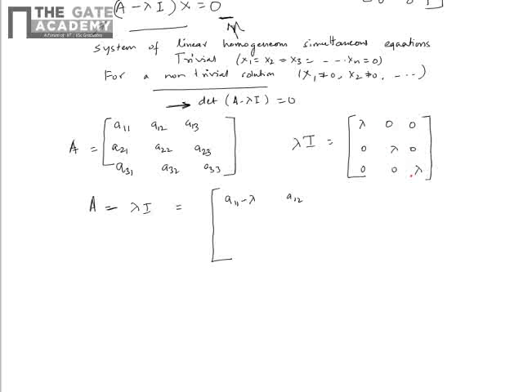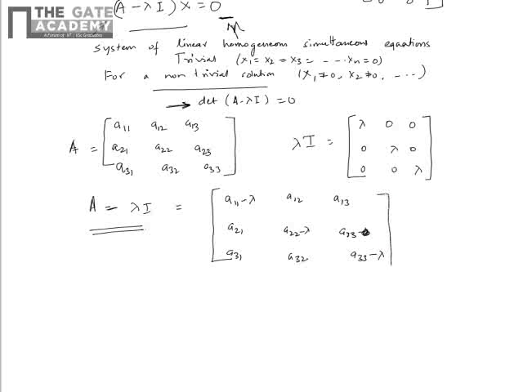Now if you subtract A minus lambda I, all the lambdas will be subtracted only from the diagonal terms. Sorry, there is no lambda elsewhere, only with the diagonal terms.